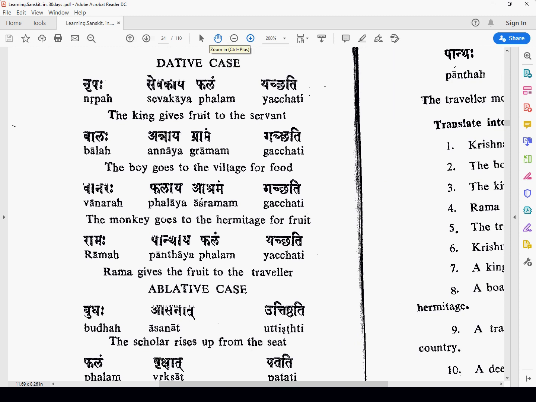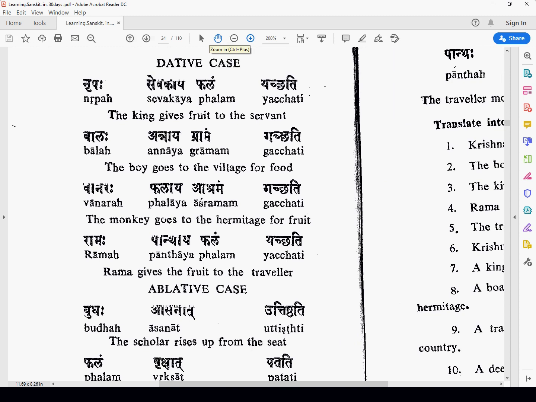Nripaha sevakaya phalam yachati. Again, look at the Kriyapadam first. Kriyapadam is yachati. Yachati means gives. The question obviously you have to ask is, kaha yachati? Who gives? Nripaha, who will be in the Prathama Vibhakti, that is the subject.